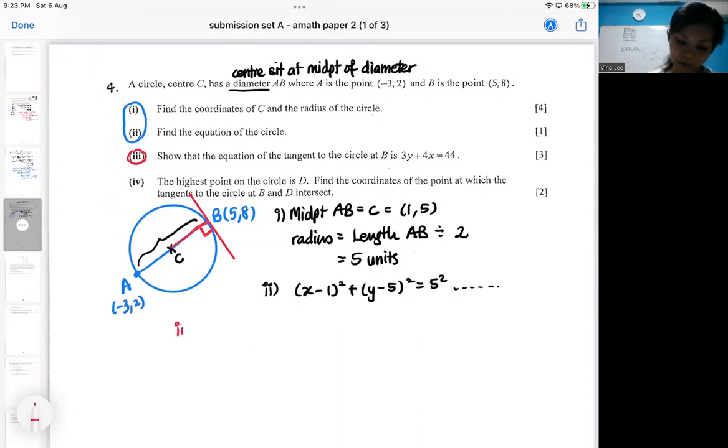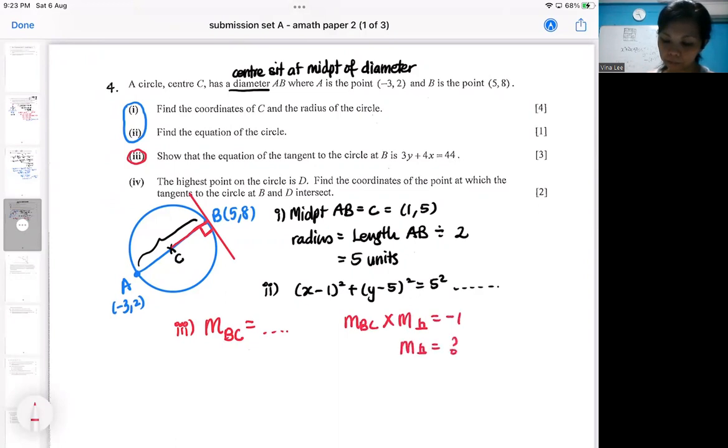In case you forget, you should find the gradient from the center to B. Then you use the perpendicular gradient formula to find this. Eventually, in this situation, I think you will get -4/3.